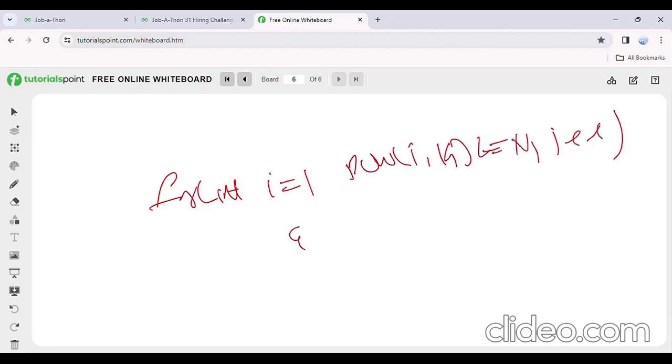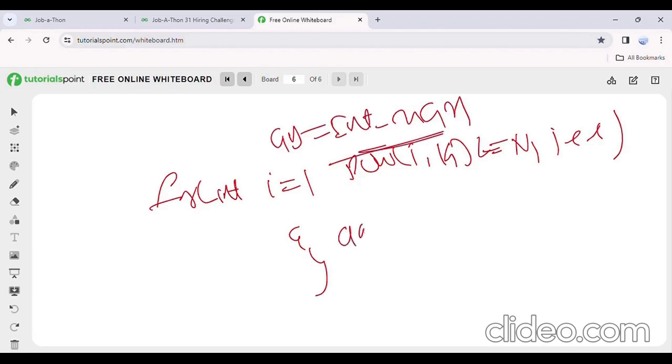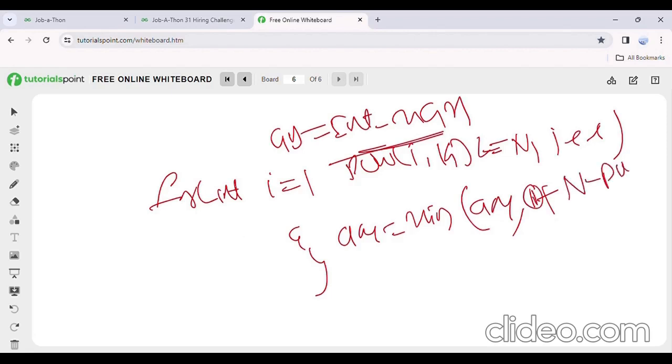I am taking the answer variable as max, then answer is equal to min of answer comma 1 plus, because I am taking the present value, solve of n minus power of i comma k. And I am returning answer.